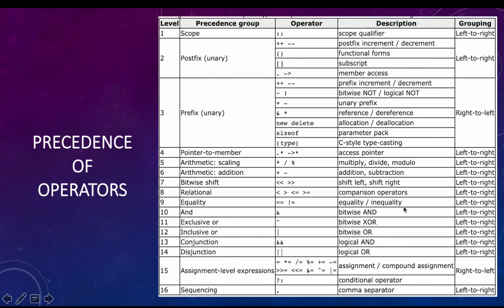And remember, grouping for some of them is left to right, so it starts from the left to calculate. For some, like the assignment level, it is right to left, which makes sense when you want to assign some value to a variable. And postfix ones have the left-to-right priority.